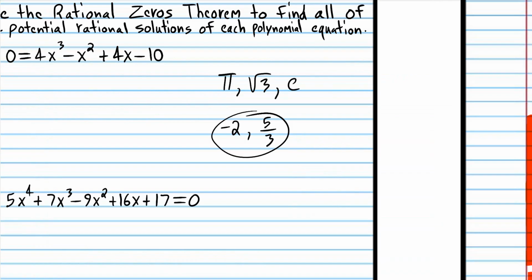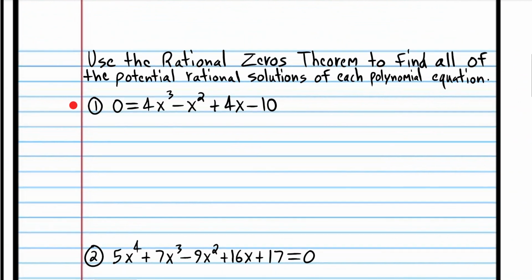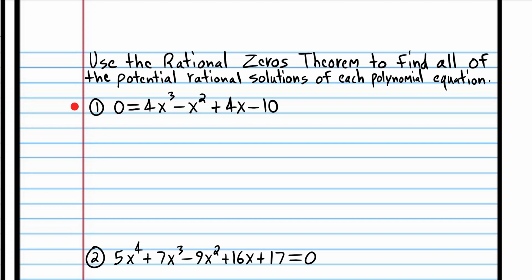It will not help us to find irrational numbers, and it will not help us to find imaginary or complex numbers. So there are some polynomial equations where the solutions are only complex or they're only irrational numbers. So just be aware of that. Today we're going to study polynomial equations where all of the solutions are rational, and we'll worry about other examples in the next class.